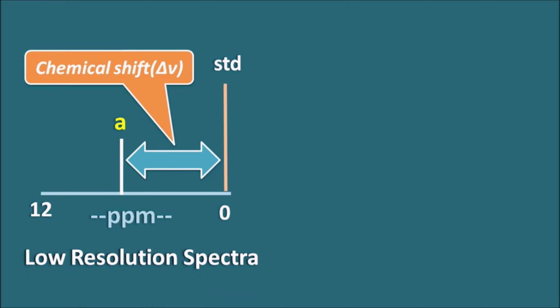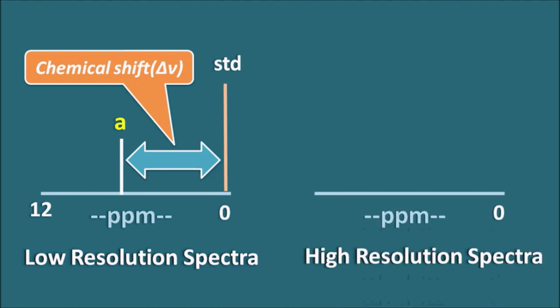But if we apply a high resolution, like zooming, under the high resolution spectrum we can observe the same spectrum like this. Now this is the standard peak, but the sample peak A can be observed as two split peaks. That means a single peak is now observed as two split peaks, and the distance between these two peaks is very small compared with the chemical shift.